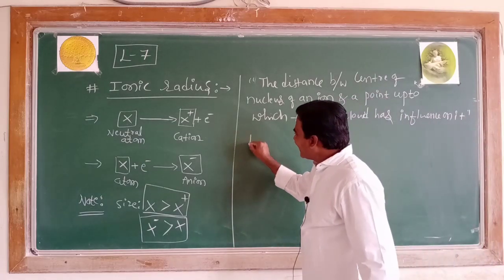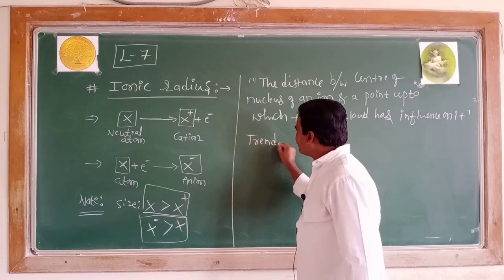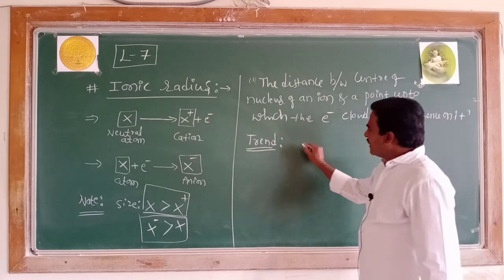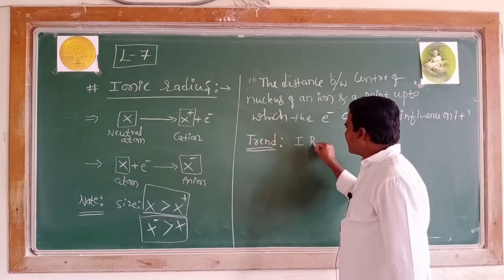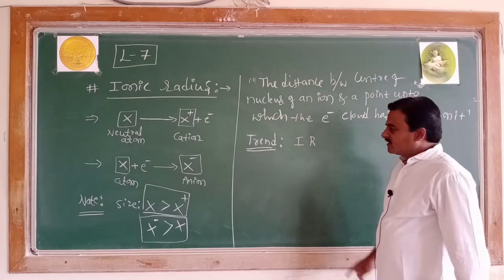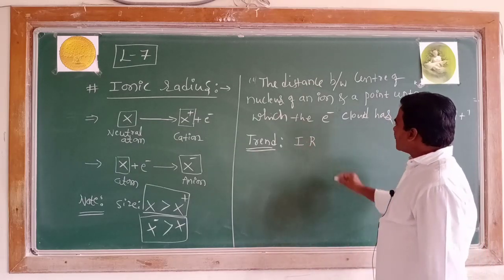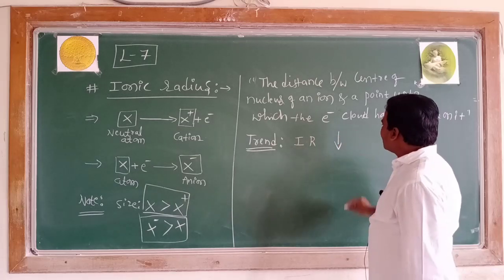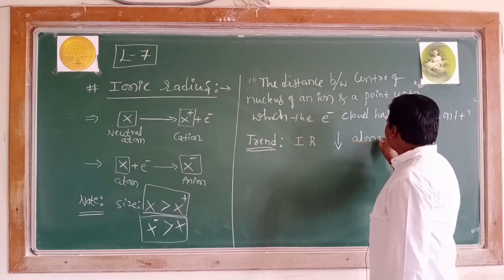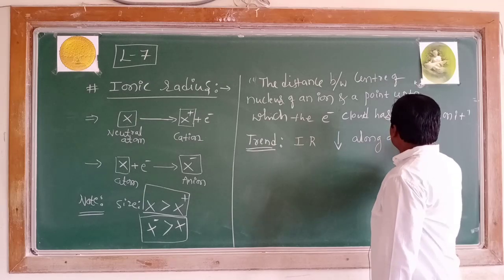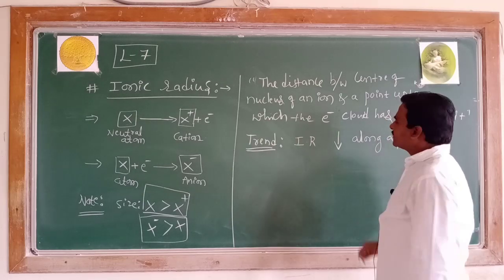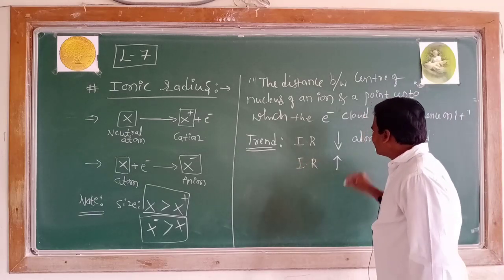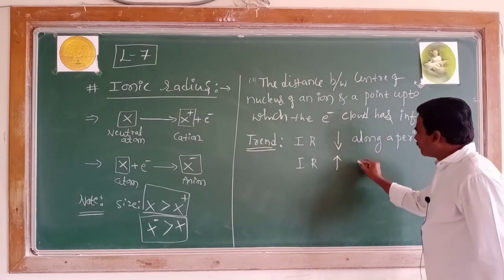Let's understand its trend. The trend of ionic radius along the period and down the group. Remember, ionic radius goes on decreasing along a period, and this ionic radius will increase down the group.